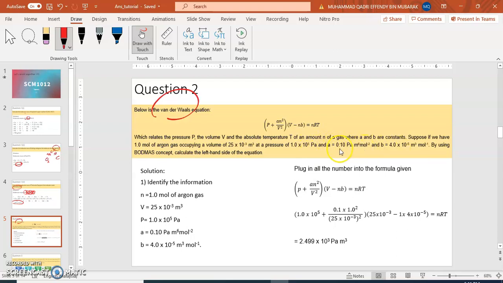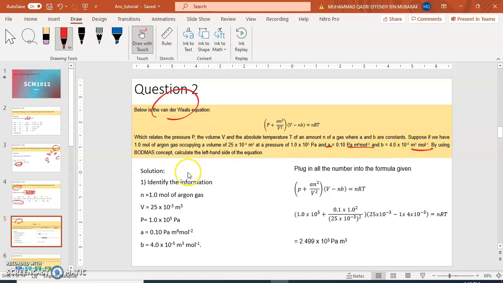The value of A is 0.10 Pascal meter to the power of 6 per mole squared. So this is the unit for constant A, and for constant B we have 4.0 times 10 to the power of -5 meter cube per mole. Here is the dimension for constant B.